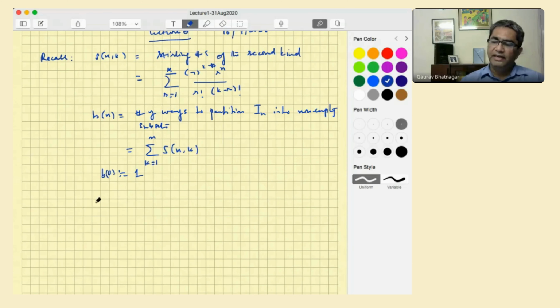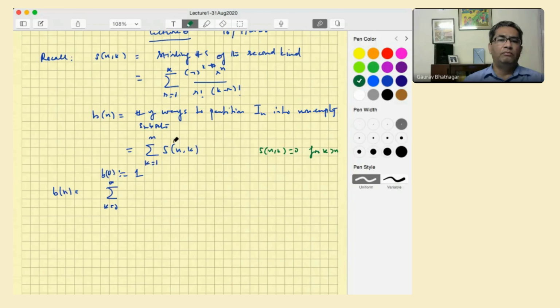So we were at finding the formula for B of n. So let's do B of n. It is the sum of the Stirling numbers, k going from 0 to n. And I'm going to go to infinity, because note that S(n,k) is 0 for k bigger than n.